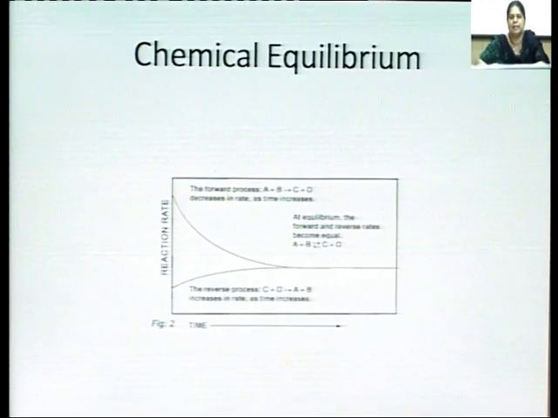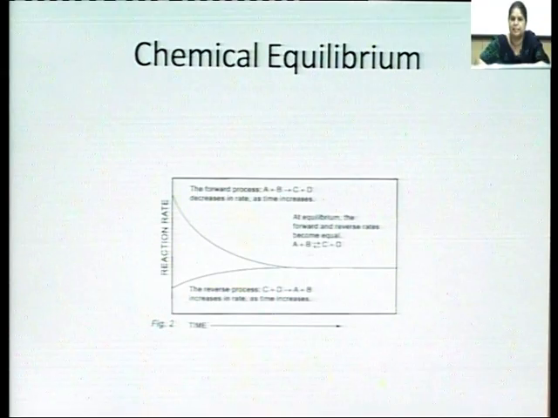Graphically, chemical equilibrium is represented as follows. Initially, when the time is 0, we only have the reactants, and only the forward reaction is taking place. But this goes on decreasing with time, and as the products are formed, the rate of the backward reaction goes on increasing.